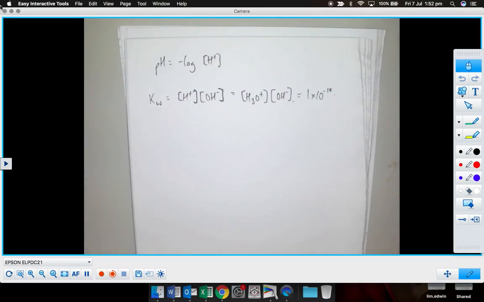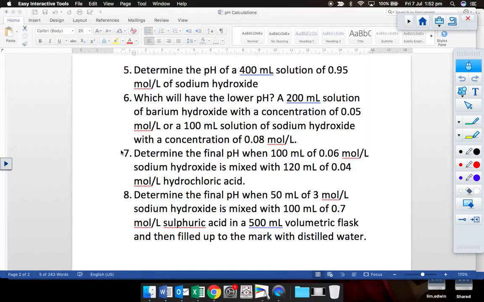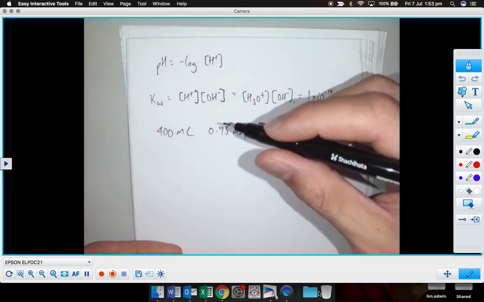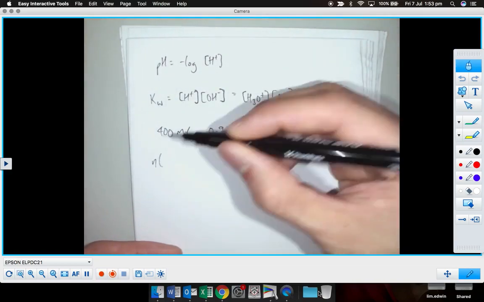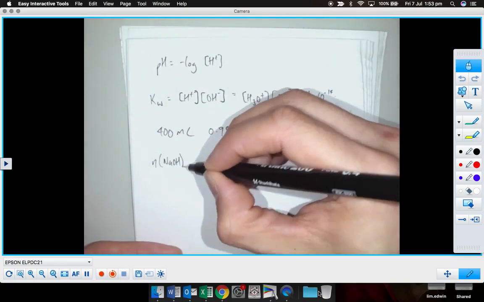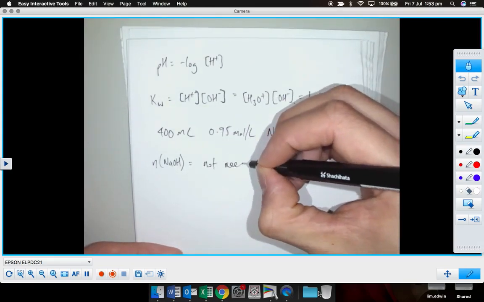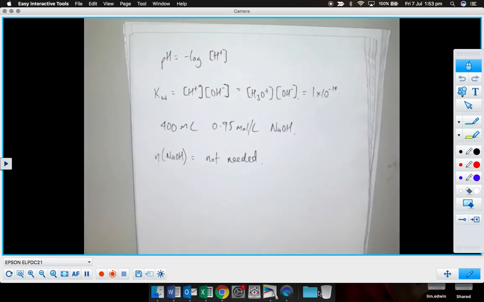So, what other information was given to us in the question? 400 ml solution of 0.95 mole per liter sodium hydroxide. Right, so we can work out, no, again, it's trying to trick you. You can work out the number of moles of NaOH, but do you need to? You do not need to work out the number of moles of NaOH.